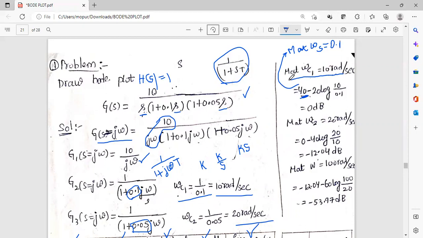If you want to find the magnitude at 10 radians per second, first we should write the magnitude at the previous frequency, that is the magnitude at 0.1. What is the magnitude at 0.1? 40, which we just calculated. And then the overall slope from 0.1 to 10. What is the overall slope from 0.1 to 10?